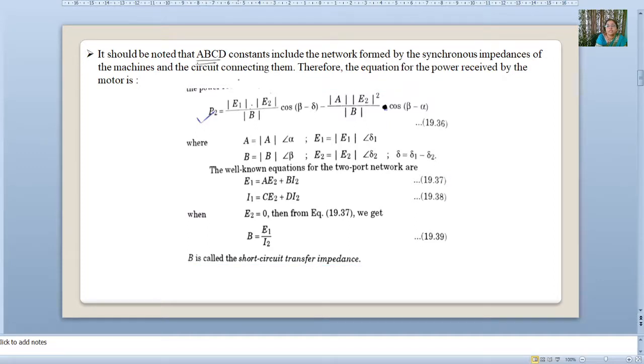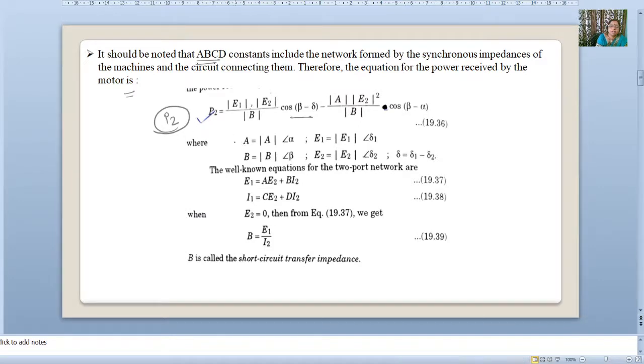Therefore, the equation for the power received by the motor is P2. It is the receiving end power. The second machine is a motor. So P2 is equal to E1 into E2 by B into cos of beta minus del, minus A E2 square upon mod of B into cos of beta minus alpha.